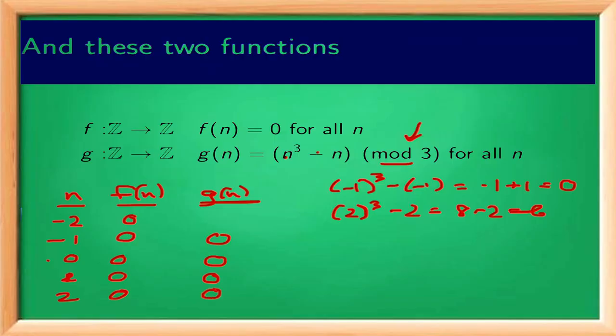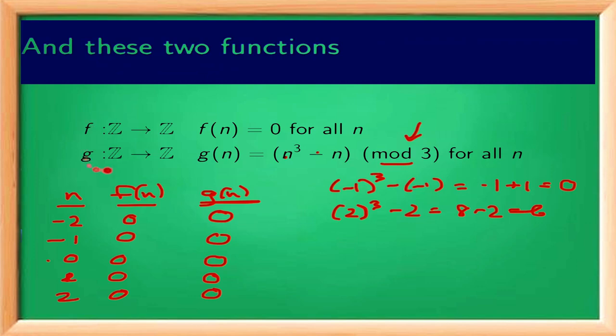So now these two functions also seem to have the same output everywhere. It seems to be identically 0 no matter what I put in. Even though the formulas are different, I'm noticing they have the same domain, the same codomain, and what seems to be the same output at every single point. And in fact, this isn't going to happen just for these 5 points.